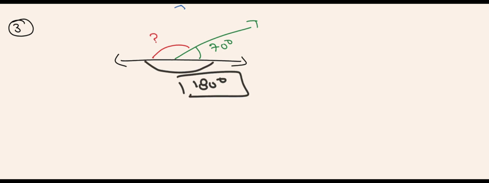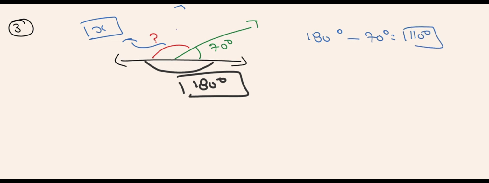So if you really want to find this angle, let's call this x. You should subtract 70 degrees from 180, which is equal to 110 degrees. So this is 110 degrees, and these are supplementary angles because the summation of supplementary angles is equal to 180 degrees.